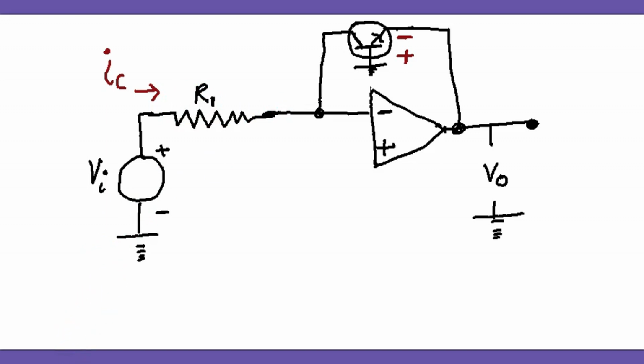So the collector current flows like this, and here will be the emitter current. They will be approximately equal, because the base is grounded.